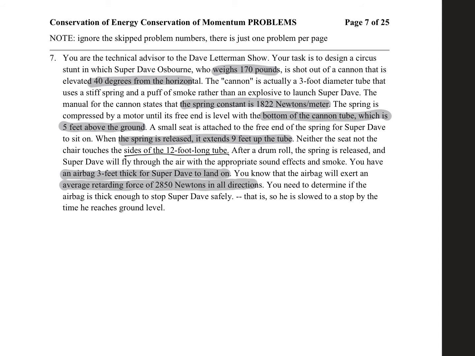A lot of information there. Some of it useful, some of it not as useful, but none of it useless. So initially, what do we have? Initially, you have the potential energy, not of gravity, of that spring, and you have some gravitational potential energy due to height above ground.